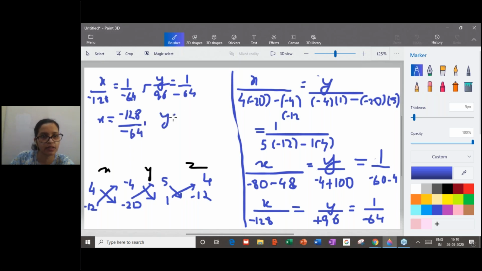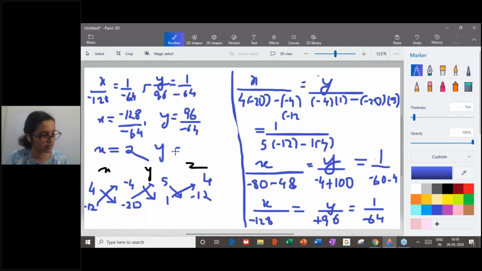Or y is equal to 96 by minus 64. So x will be, I think 128 is divisible by, yeah, it is divisible. So 2 and y will be, okay, 2's are simplified, you will get some value. It's not a direct, yeah, minus 1.5.